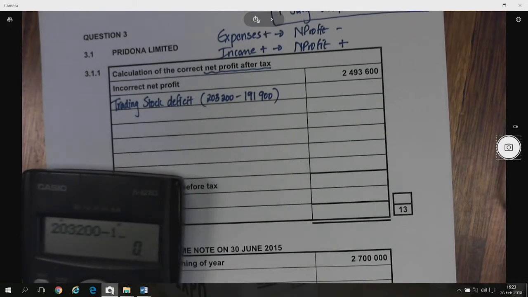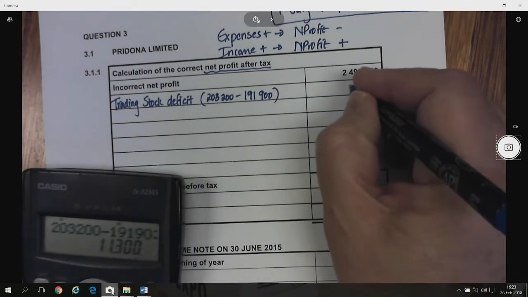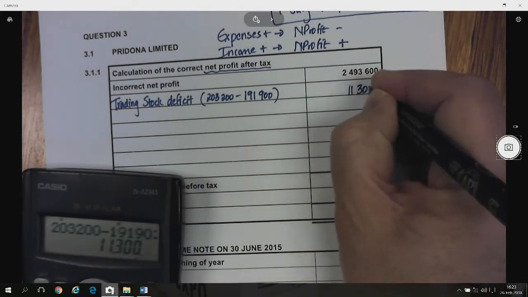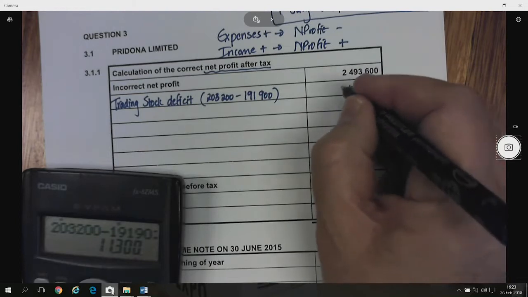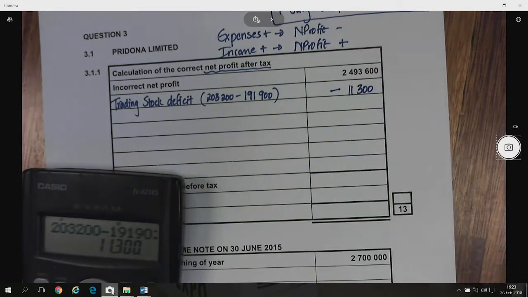And that gives us a trading stock deficit of 11,300 Rand. Remember, it's an expense, so it will make your net profit less.